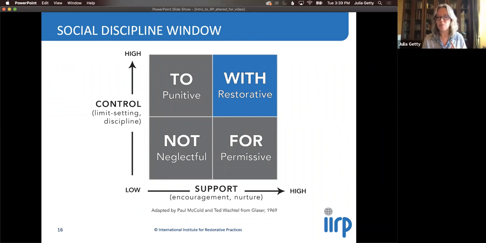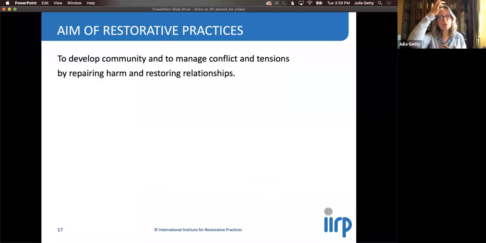Okay, so I also want to mention that this is by no means a brand new idea. Many of you probably intuitively know this, but this is an explicit framework of being restorative, what we mean when we say we want to be restorative. So I do want to mention at this point that the aim of restorative practices, in other words, why we are doing this, is to develop community and to manage conflict and tensions by repairing harm and restoring relationships.